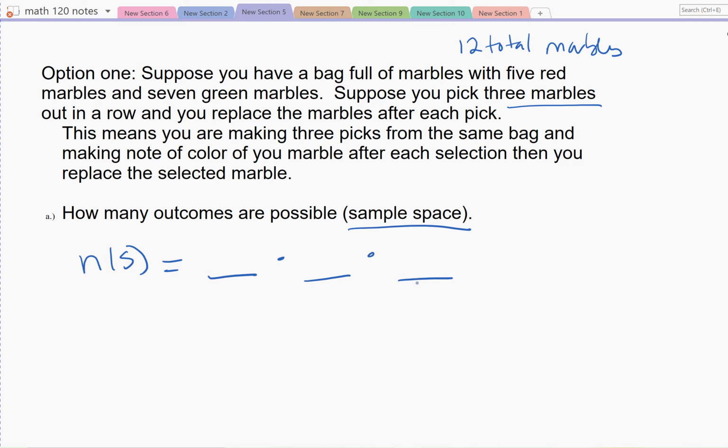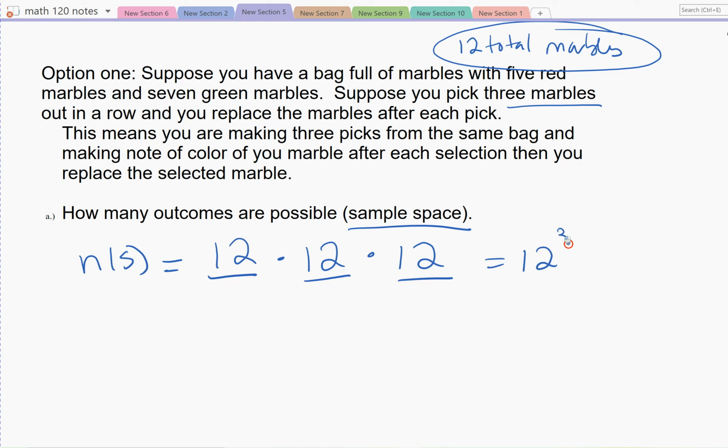In all 3 picks, since I'm replacing the marble, there are 12 possible marbles I can reach in and grab each time. So 12 for the first pick, and 12 for the second pick, and 12 for the third pick. So 12 cubed, so the number in my universal set is 1,728 outcomes total.